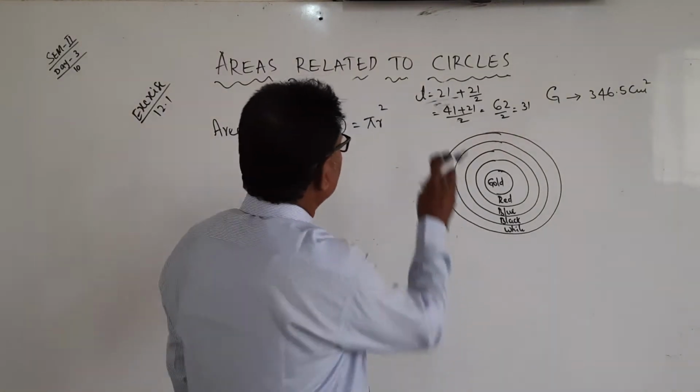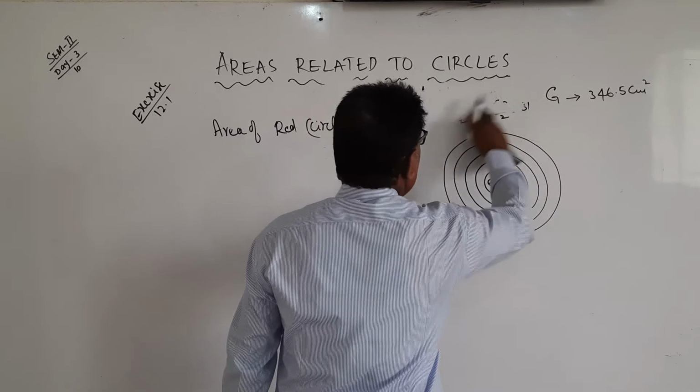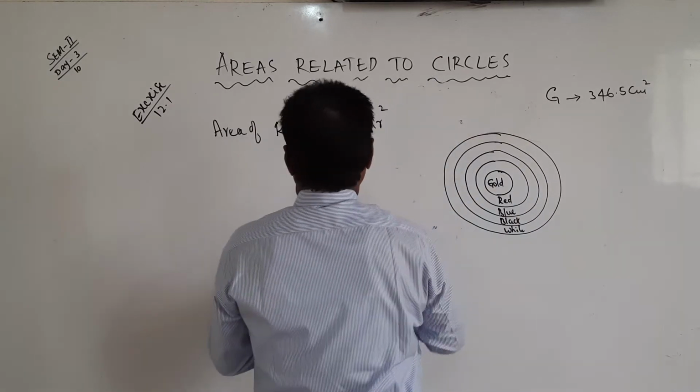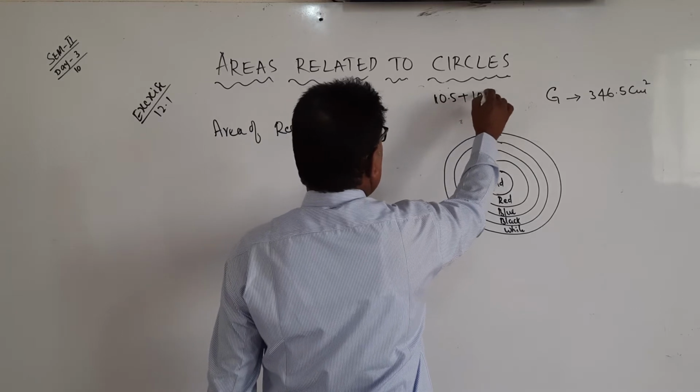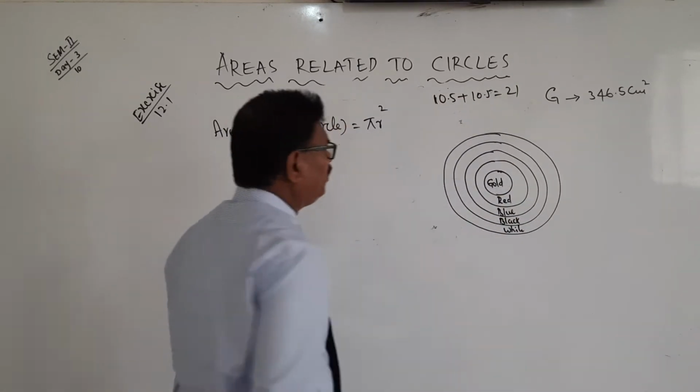Sorry, the red circle is, okay, 1 second. Red circle is 10.5 plus 10.5, it will become 21.